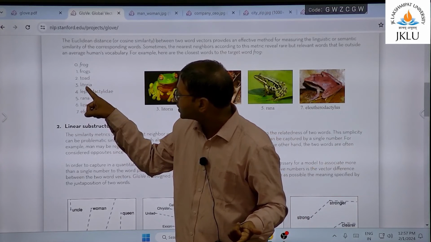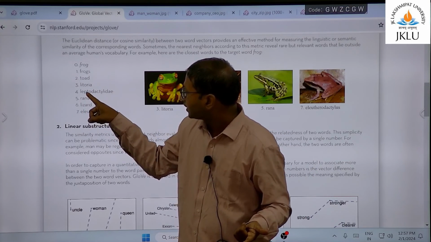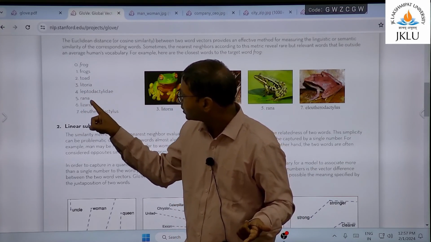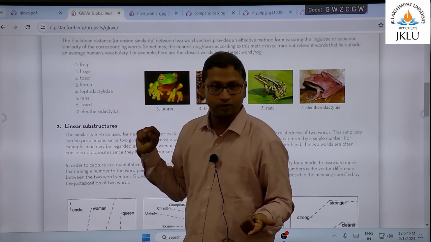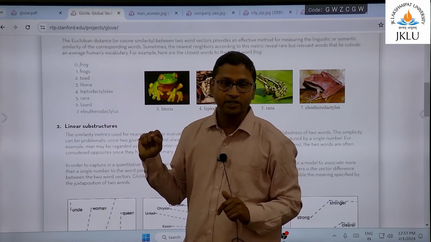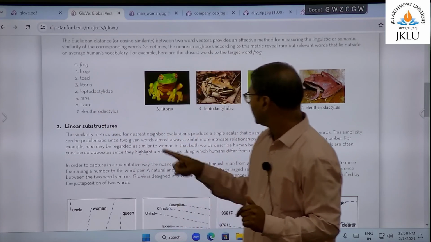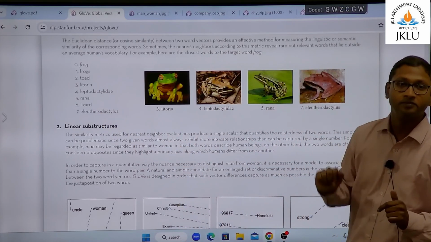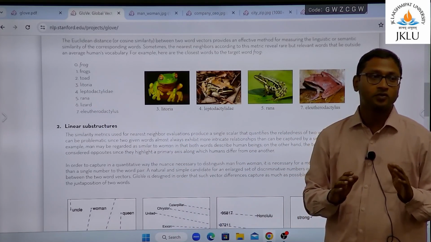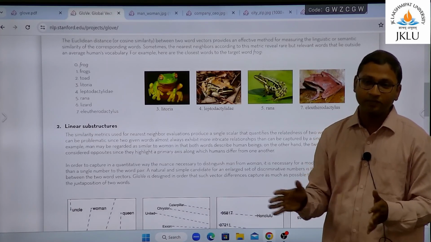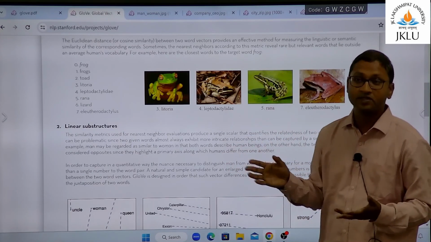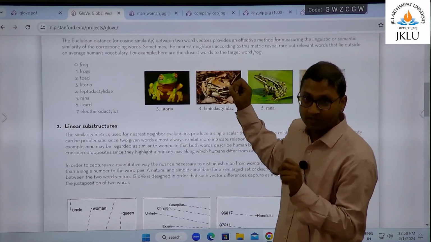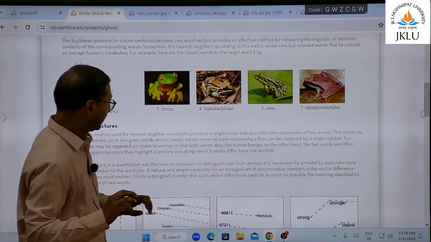But then they saw words like litoria, a word that I can't even pronounce, rana, lizard, and so on. They looked into the dictionary and it turns out these are basically types of frogs only. So you can't make a system that works better than this. Something that we didn't know, but the system could capture the meanings.